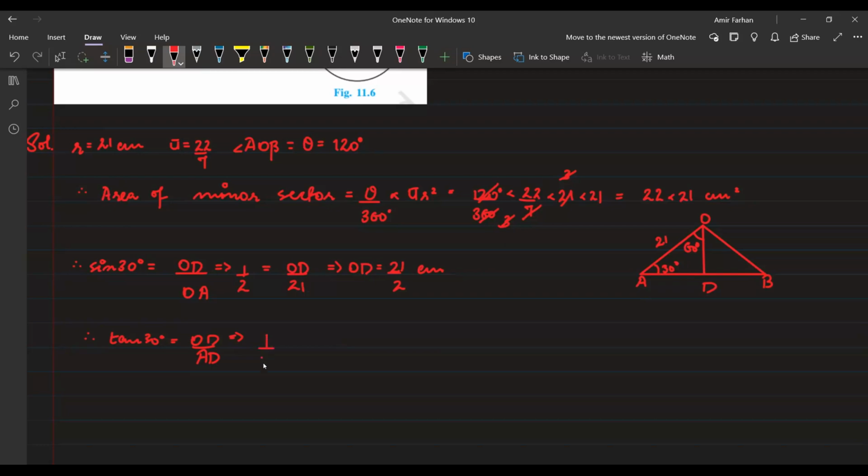Tan 30 is 1 by root 3, which is equal to OD, basically 21 by 2, times AD, right? So now we can get the value of AD as 21 root 3 by 2 centimeter, right, Gianna?